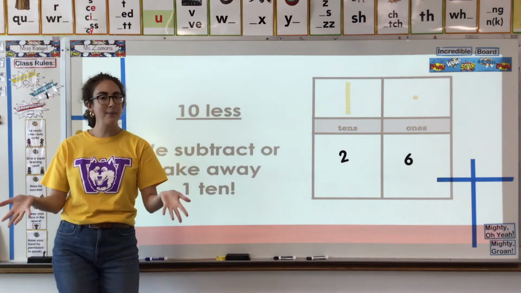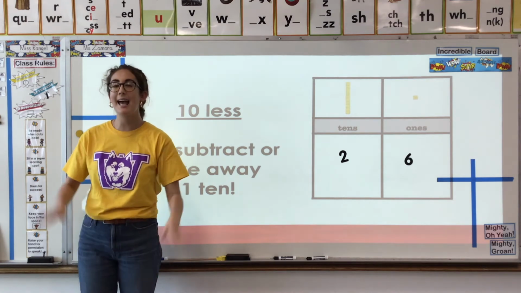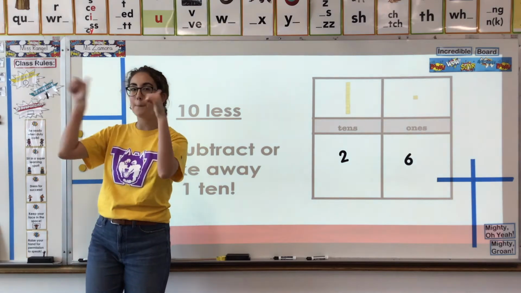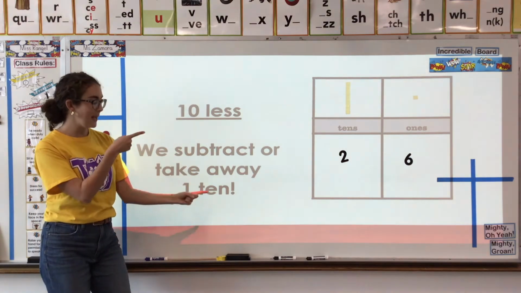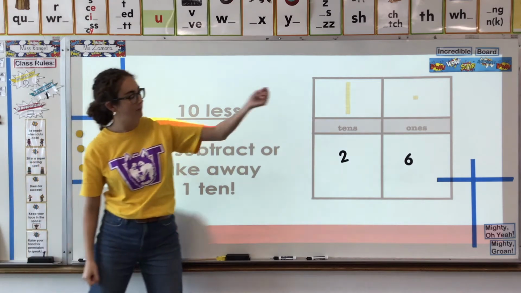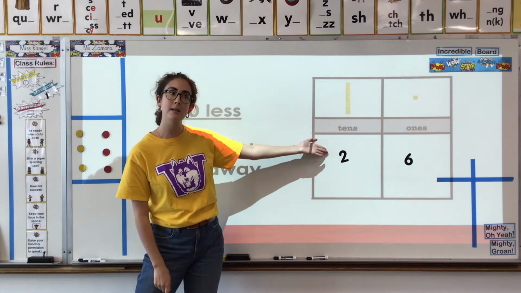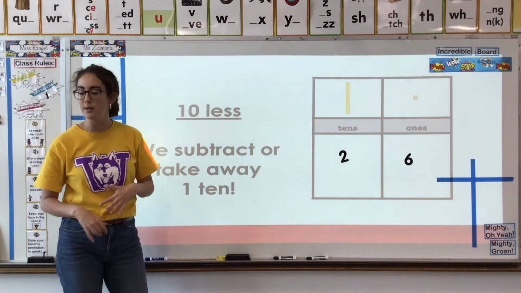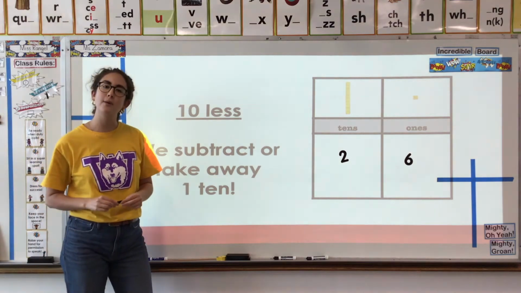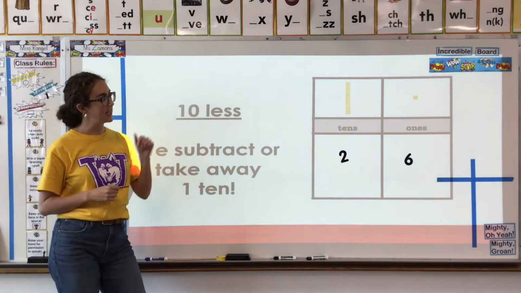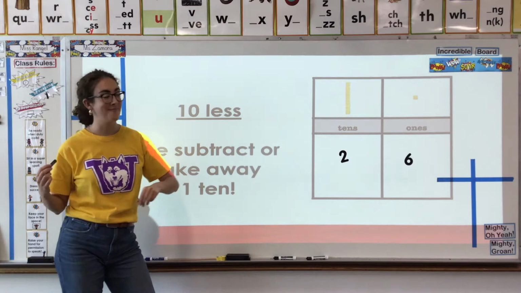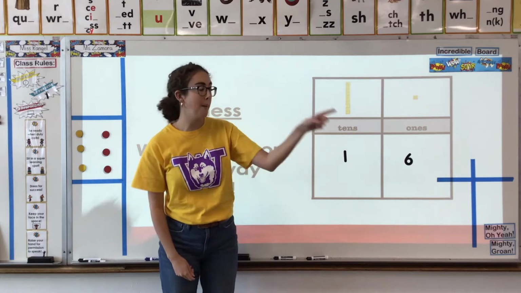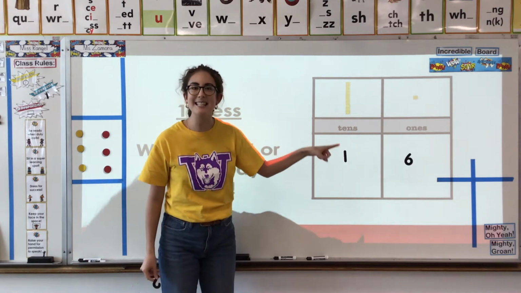So if I'm going to ask you what number is 10 less than 26, I'm going to ask you to skip count backwards by taking away 1 ten. So if we have 2 tens already, and I want you to take away 1, I want you to skip count backwards. How many tens are we going to have? What's 10 less? We're going to have 1 ten, and our number will be 16.